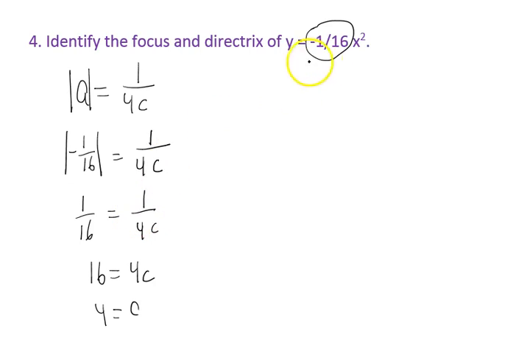Now, this equation also tells us about how this is facing. And so it's a y equals -x squared graph, so it's going to face down. And so if I draw a parabola facing down, remember that C is the distance to the focus and to the directrix.